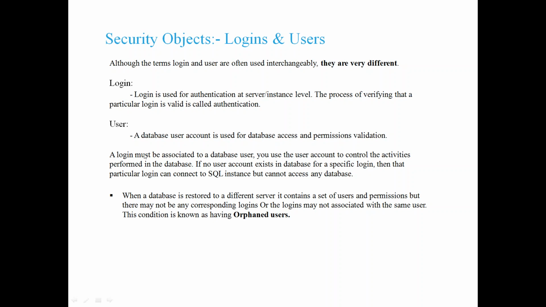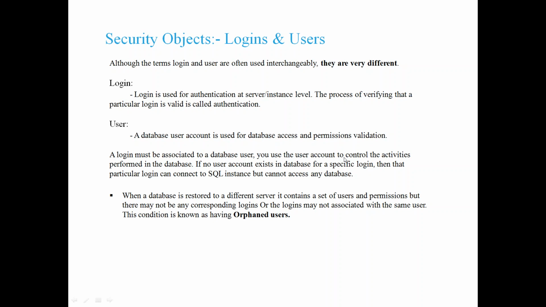And a login must be associated to a user in the database. So a user resides in each and every database. Login is at instance level. So we need to associate this login with the user, then only the person can access the database. Maybe by looking at the theory it might make you a bit confused, but once we jump onto the demo it will be clear.